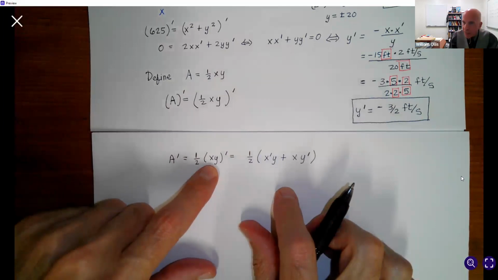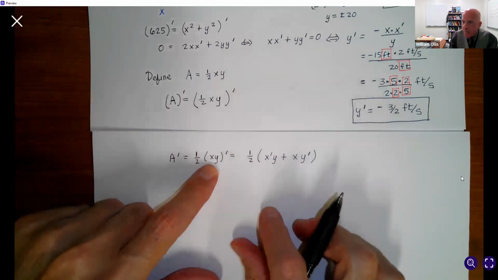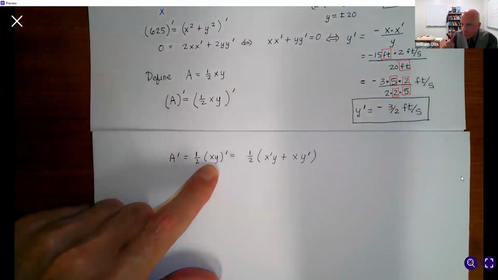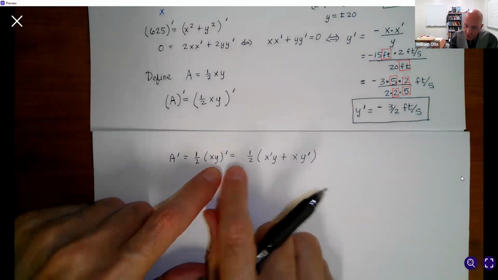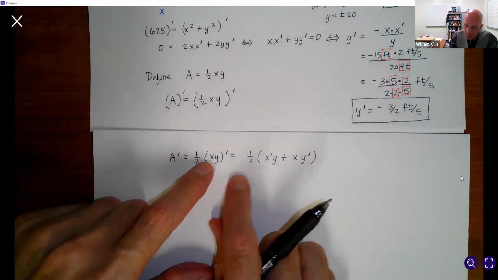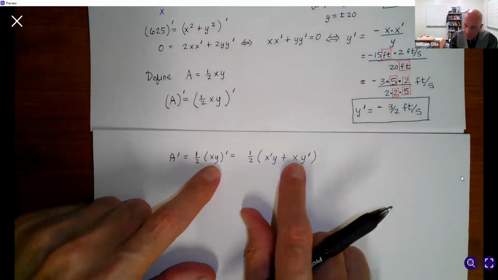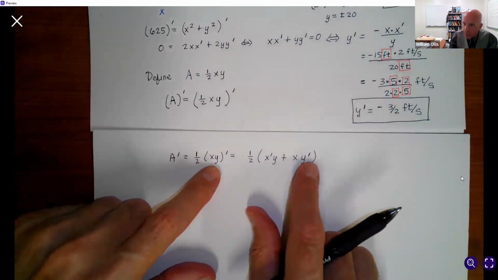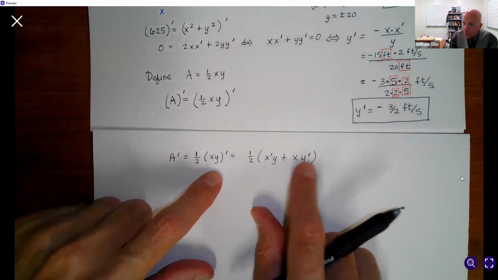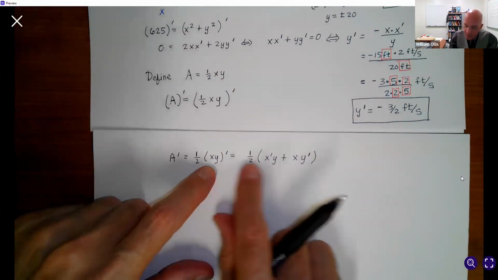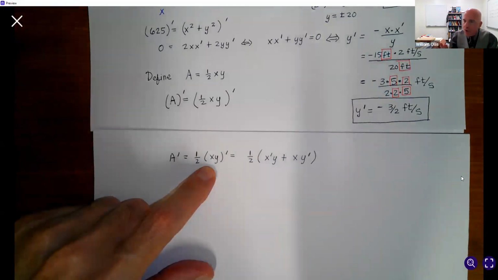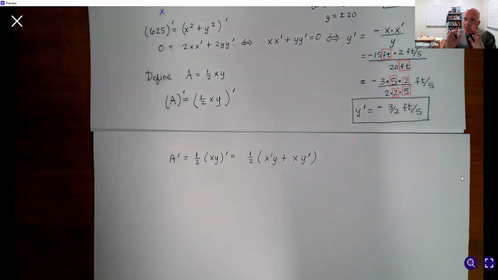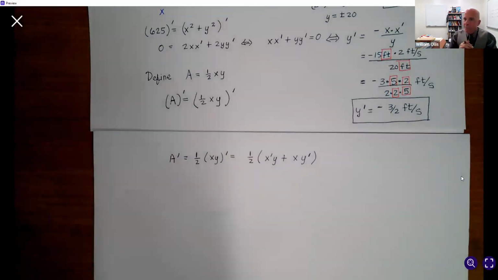Again, we're just applying the power rule, but it's like differentiating x relative to x. You just get one, and then you're left with the derivative. So we have 1 times x prime times y, and then we have x times 1 times y prime. Think of this like differentiating the power function to the first power.